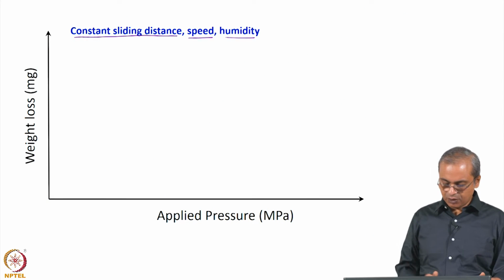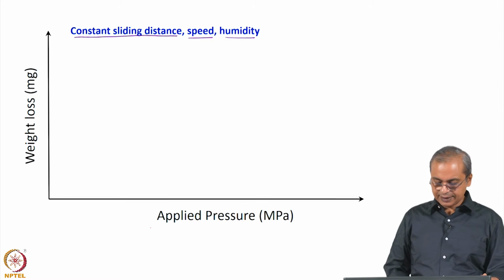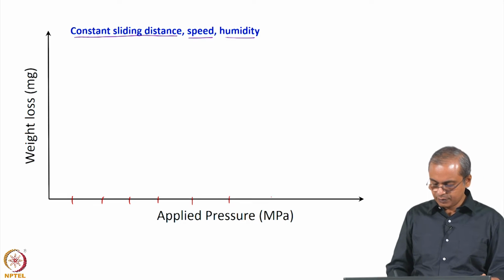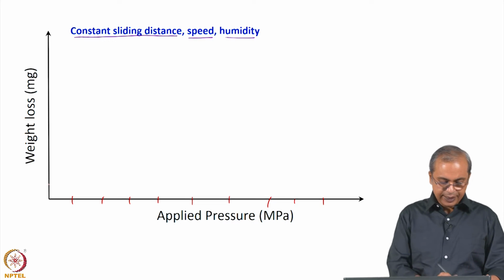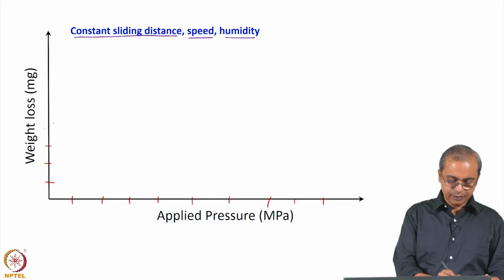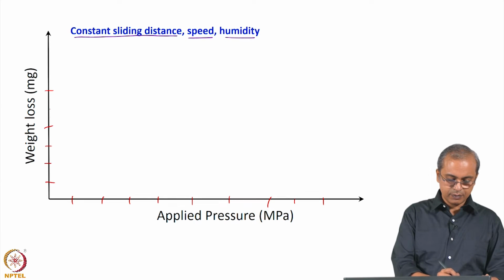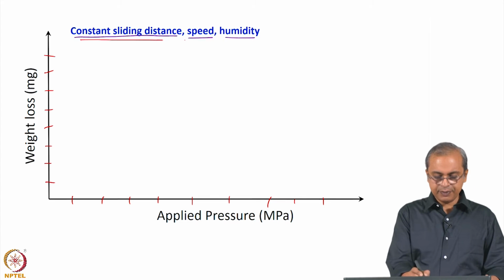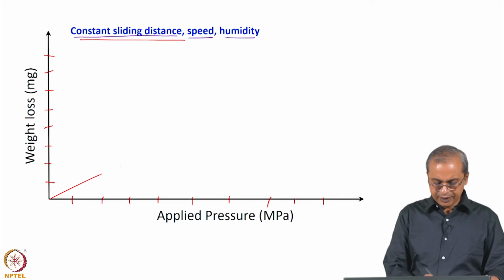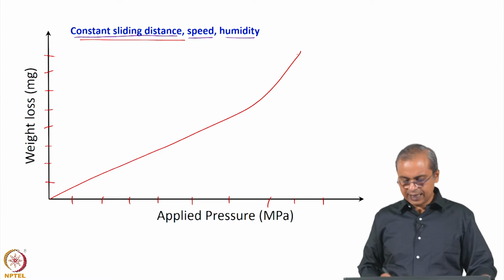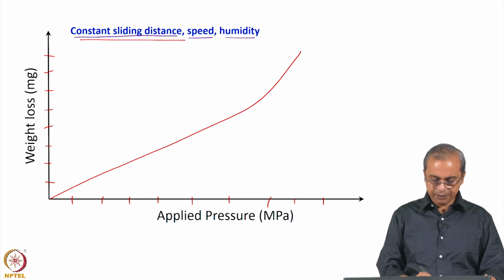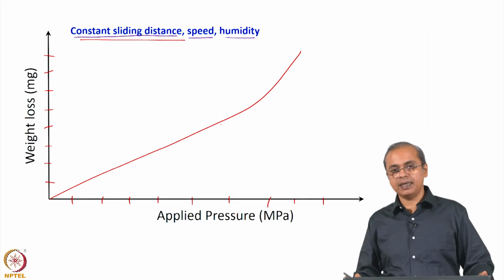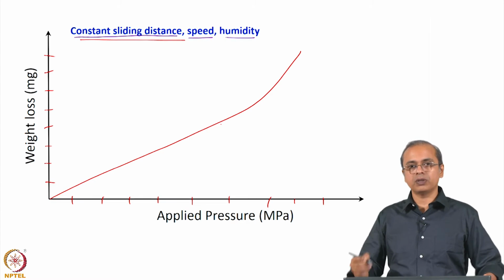Applied pressure is on this x axis. You have different values of applied pressure, and again you are looking at weight loss, but the distance travelled is the same. You may see something like this, because at higher and higher pressure you may see a behavior that deviates from your original linearity, and you may start seeing much higher weight loss as the pressure you apply goes beyond some threshold value.